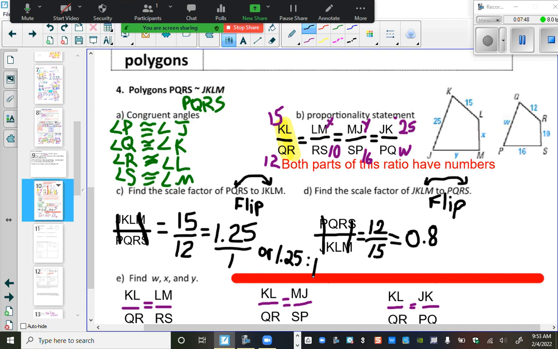You might see it like that. Or similarly, so that was the only thing I forgot to mention. Similarly here, you might see this one, 0.8 over 1, or 0.8 to 1. That's the only thing I wanted to add to that part.